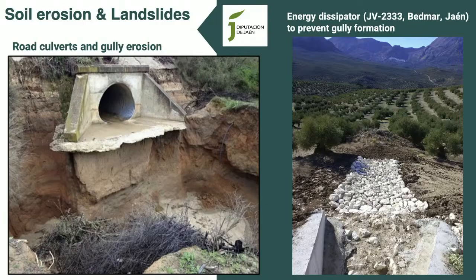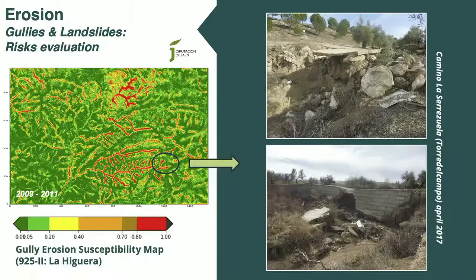We also take into account the effects of infrastructure, for example, the rock culverts, that are a red point or hot point for starting gullies, but they have a relatively easy solution, like an energy dissipator that could be installed at the continuation of the rock culverts.